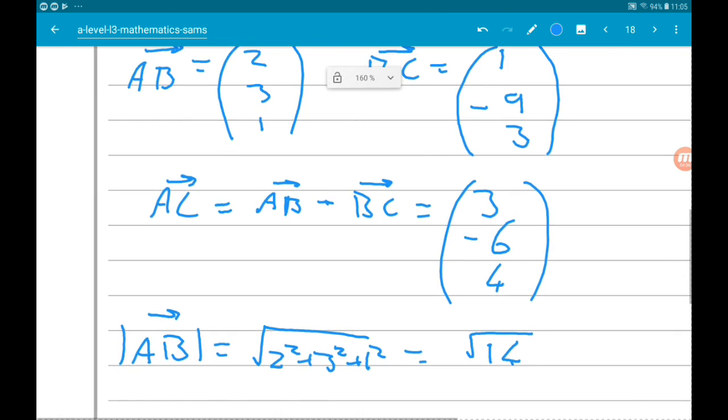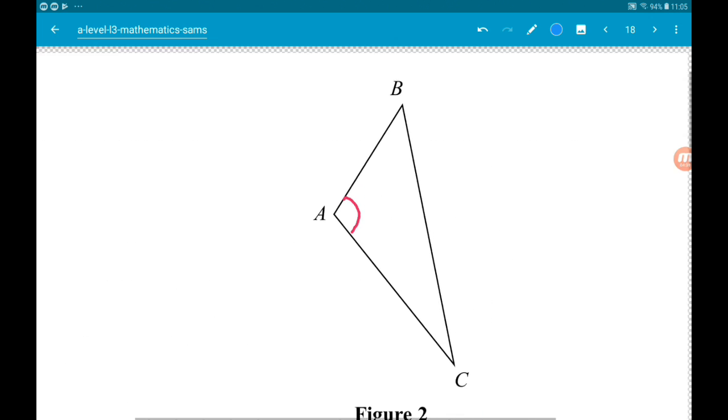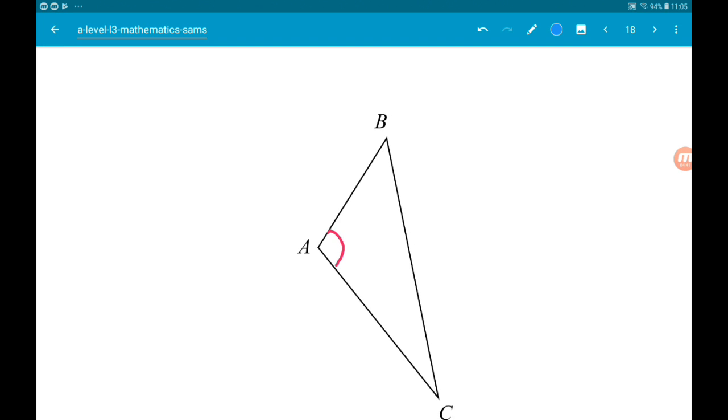So let's put that on the diagram. So that's this length.